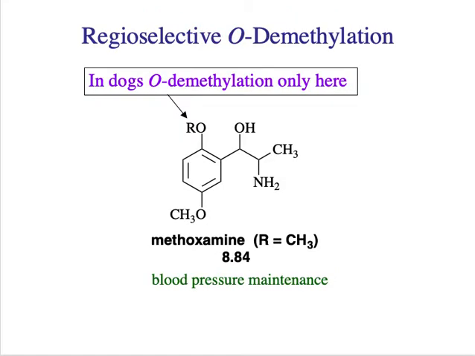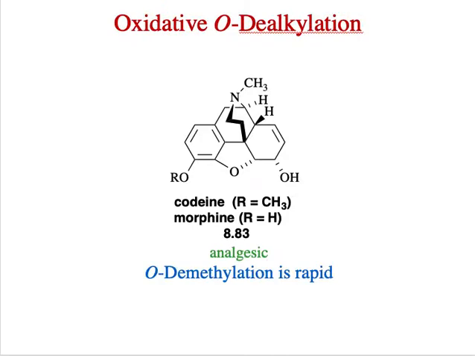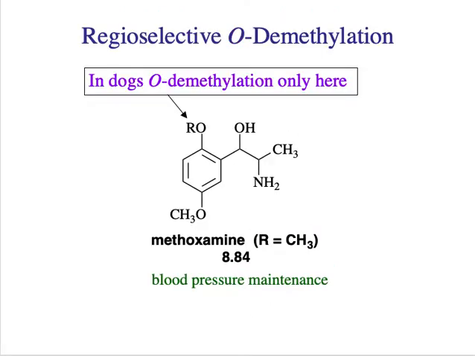Basically, codeine and morphine are very similar drugs. O-demethylation is rapid through this oxidative pathway. Again, for different species, O-demethylation only happens here. And remember that dogs are one of the species that we're studying drugs through.